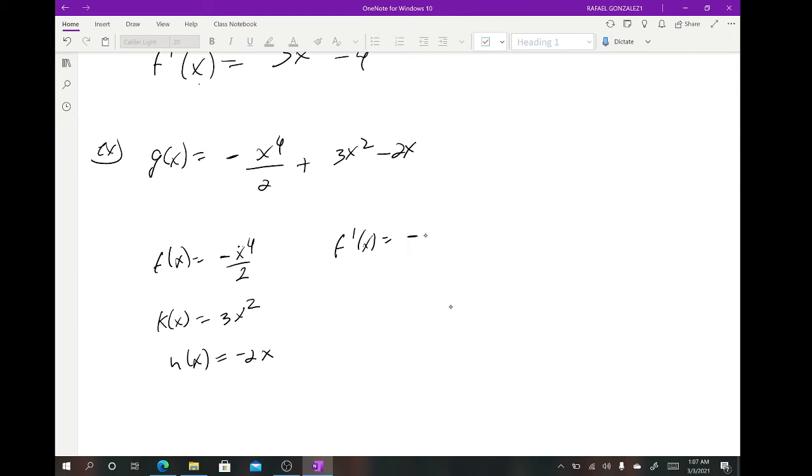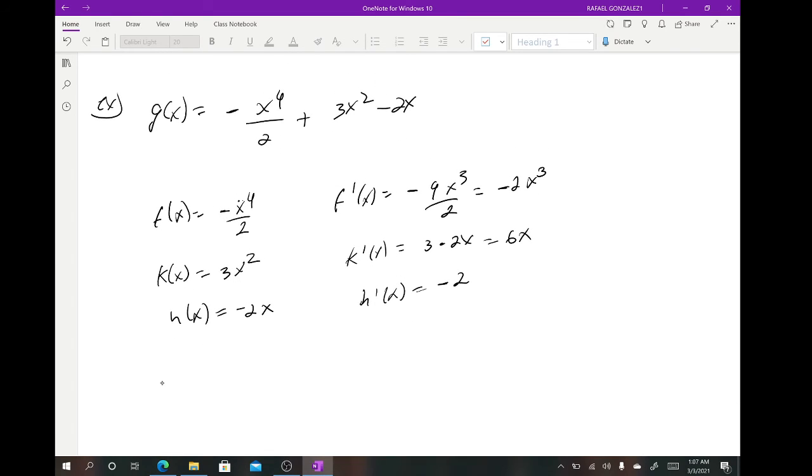Well, f prime of x is equal to, by the constant multiple rule and the power rule, negative 4x cubed over 2, but 4 is divisible by 2, so this is equal to negative 2x cubed. K prime of x is going to be equal to 3 times 2x, which is equal to 6x by the constant multiple rule, and h prime of x is going to be equal to simply negative 2.